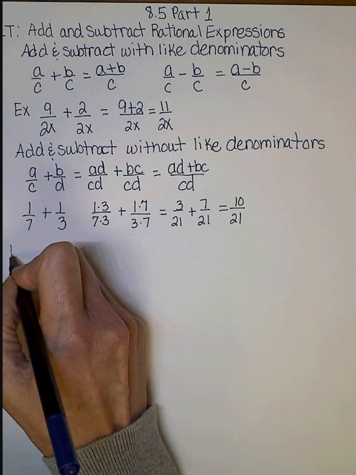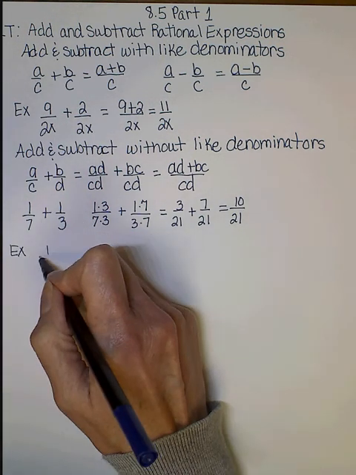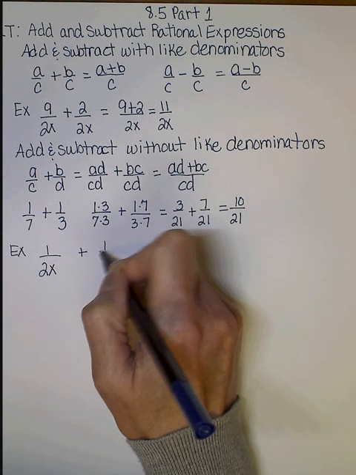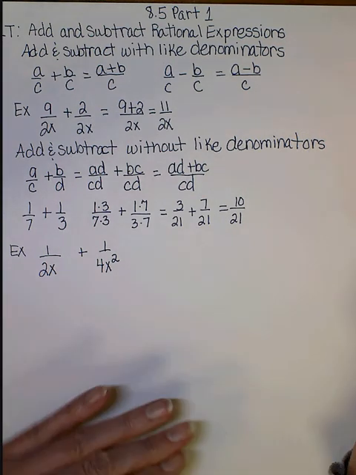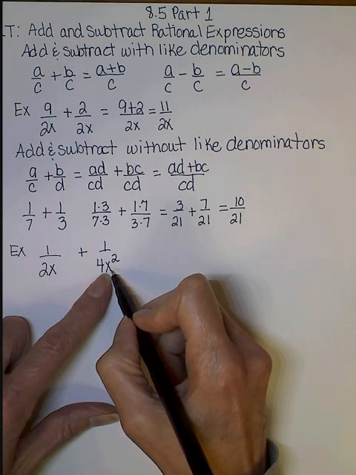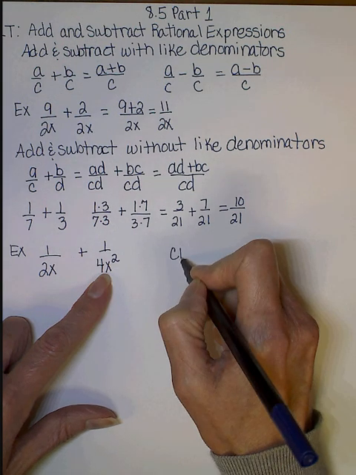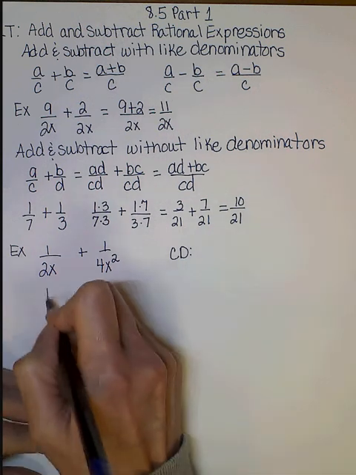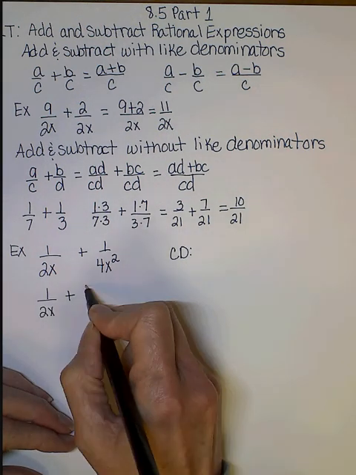Okay, so let's do an example with a rational function. Okay, now like I said, the hard part is figuring out if this denominator is 2x and this denominator is 4x squared, what would my common denominator be? And one thing you could do is this does contain a 2x.